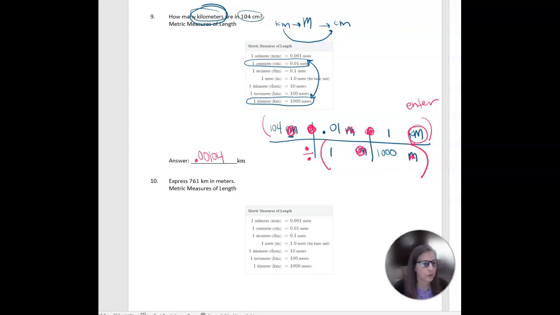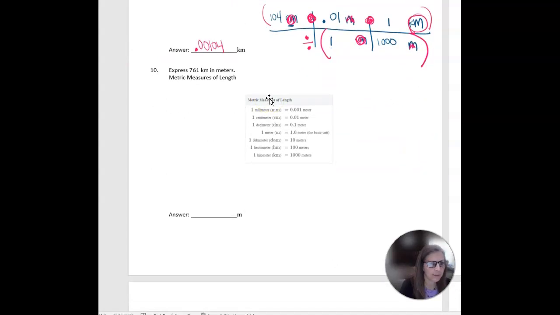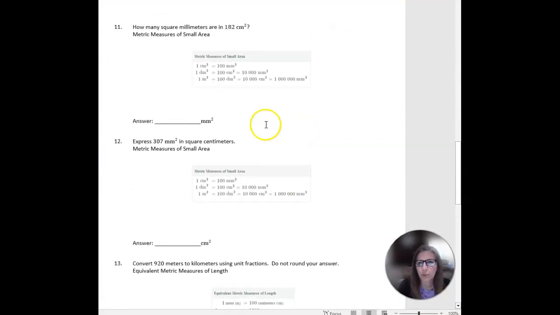All right, let's scan through the worksheet. I might do one or two. Number 10 is just a one-part conversion, kilometers to meters. There we go. You're going to use that one little conversion fact, and that's all you need for number 10. Let's look at the next side. 11, square millimeters and centimeters squared. Okay, so let's see. Here we go. There's squared millimeters and there's squared centimeters.